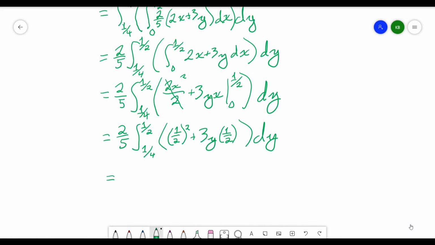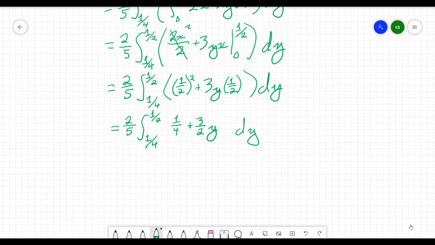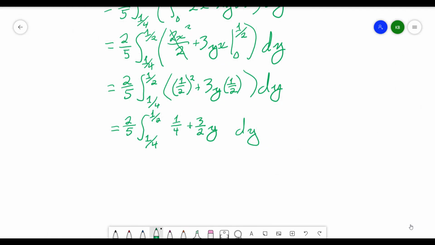Now, I get to simplify what's in my parentheses a little bit more, leaving everything outside the parentheses the same. So 1/2 squared is really 1/4, and 3y times 1/2 is 3/2 y. And at this point, I don't actually need my parentheses. So now I can do my integral with respect to y. My 2/5 stays the same, and I'm going to be integrating this.